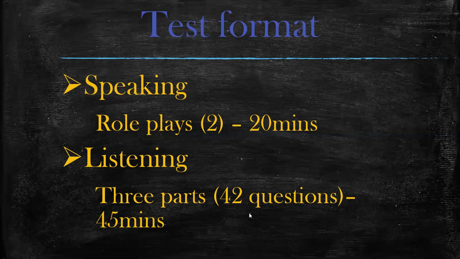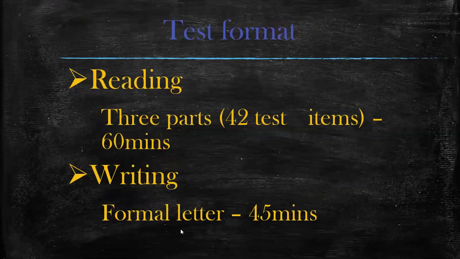Then you go to the listening. There are 3 parts: part A, B, and C, and you do this in 45 minutes, during which you answer 42 questions. Then the reading subtest also has 3 parts, A, B, and C. There are 42 test items, 42 questions, and you're doing this in 60 minutes.